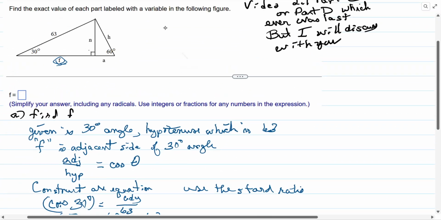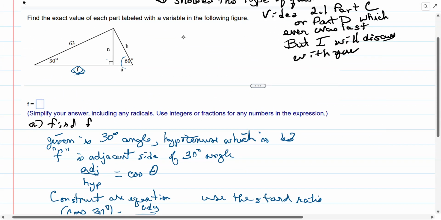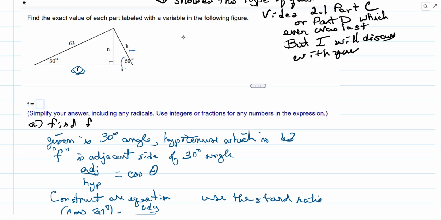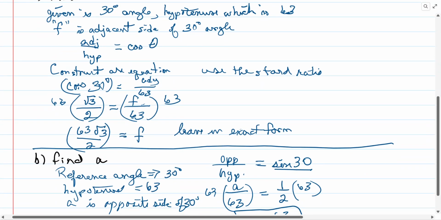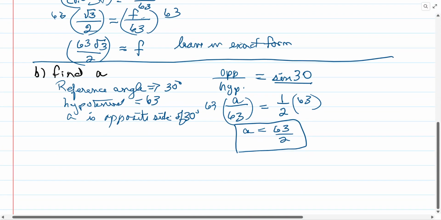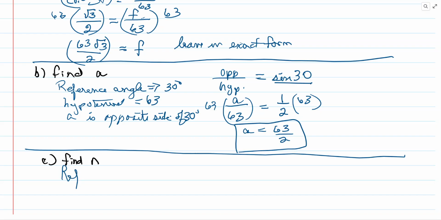Okay, so we have two of them. Well, now we have the 60-degree angle here, and we want the H. But we have this one, so we're going to use our N here. We're going to find N. Now we have a new reference angle.